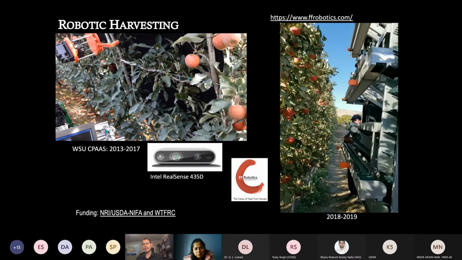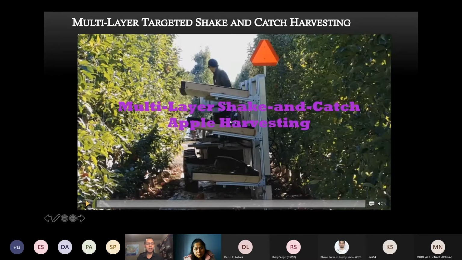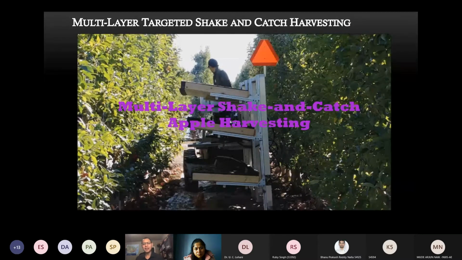We have been, again, collaborating with this company to improve the overall harvesting process, improve the machine vision system, and various other aspects of this machine. In addition to the robotic system, we have also been looking at, as I mentioned earlier, mass harvesting systems. In this specific video, we'll see a novel design of a multi-layer targeted shake-and-catch harvesting system.